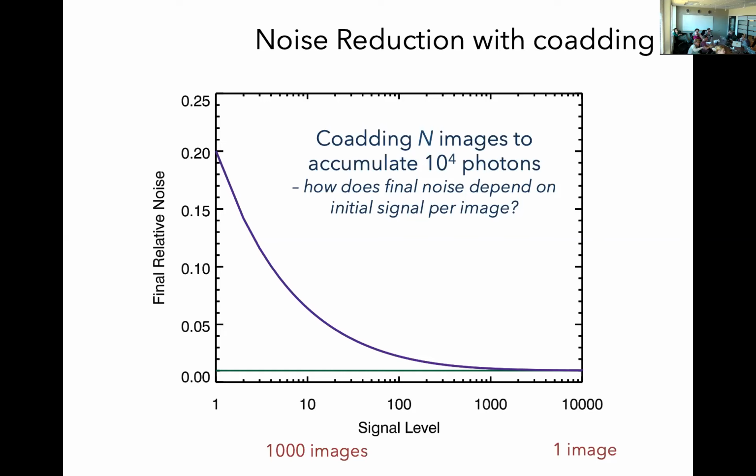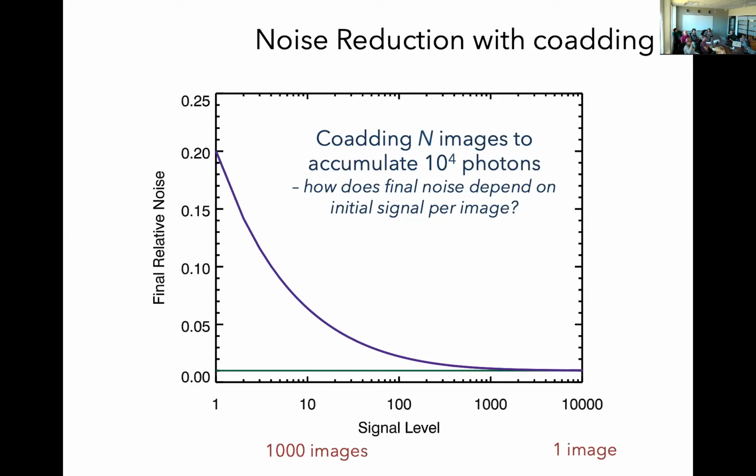So the 100 images is the green and the 1,000 is blue. The green is the ideal. 10,000 would give you a 1% signal to noise. They should all be, right? If you didn't have any read noise at all, they would all be 1%. If I had no read noise and I took 1,000 images with 10 photons, I would just have 10,000 photons, and it would all be shot noise.